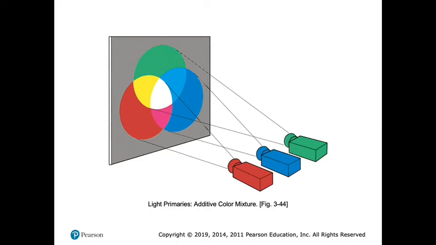The primary colors are red, blue, and green in the light. When you add them together, instead of getting darker, they get lighter. Three primary colors together create white. And again, yellow is not a primary color in the digital area.